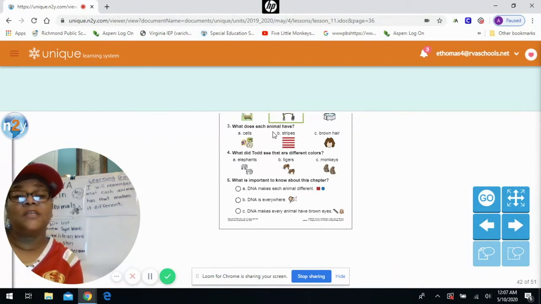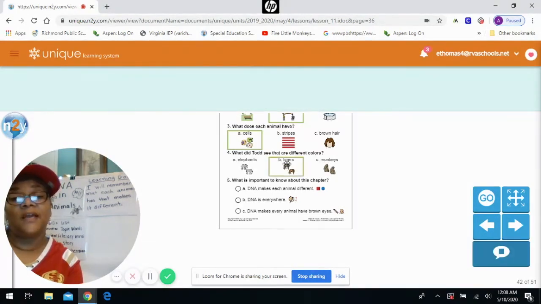What does each animal have? Does each animal have scales, stripes, or brown hair? Which one? Each animal has cells because everybody doesn't have stripes. What did Todd see that are different colors? Did he see different color elephants, different colored tigers, or different colored monkeys?